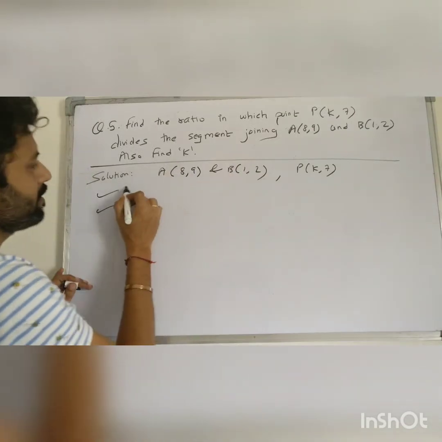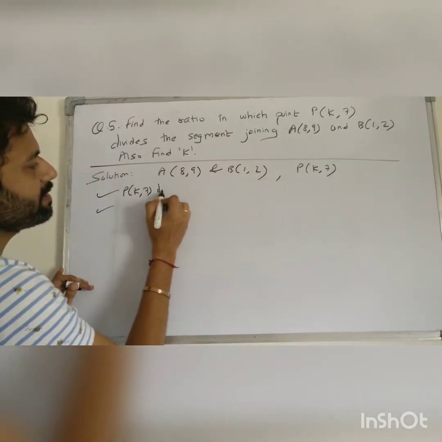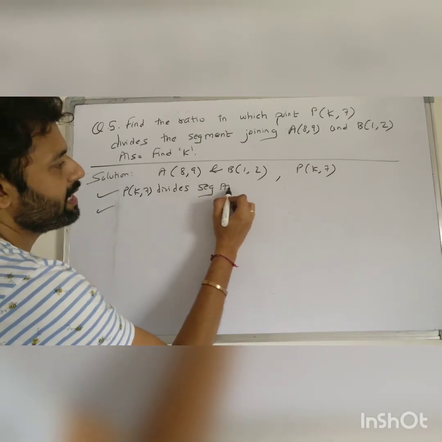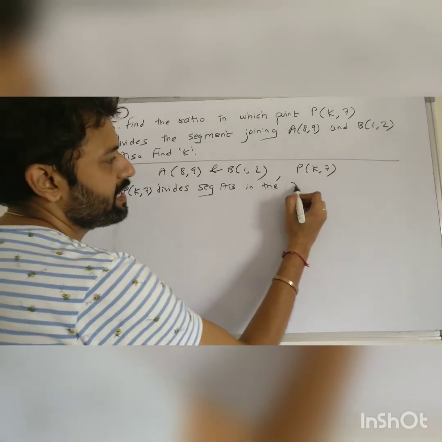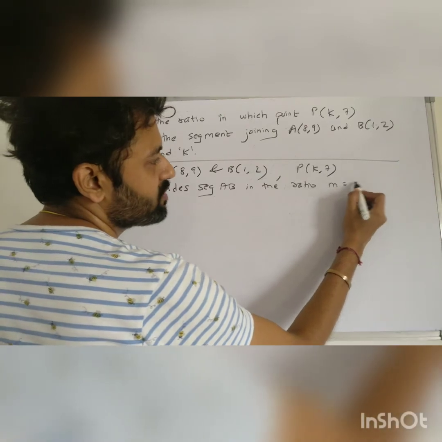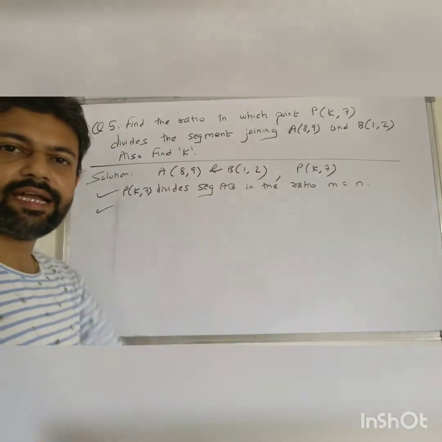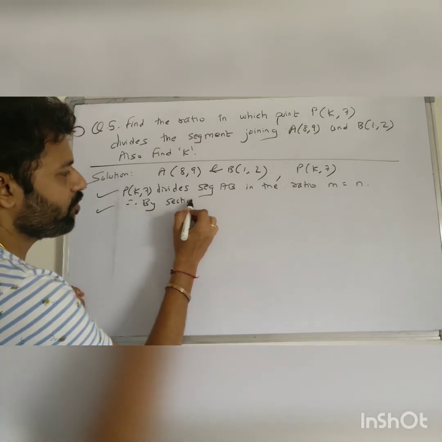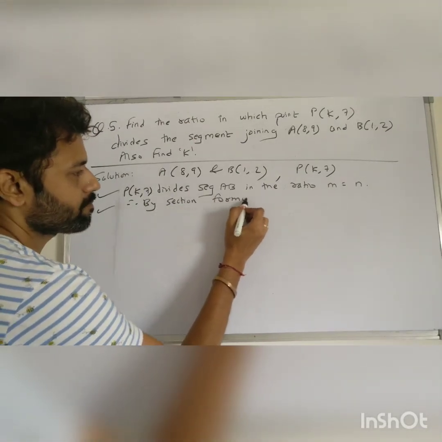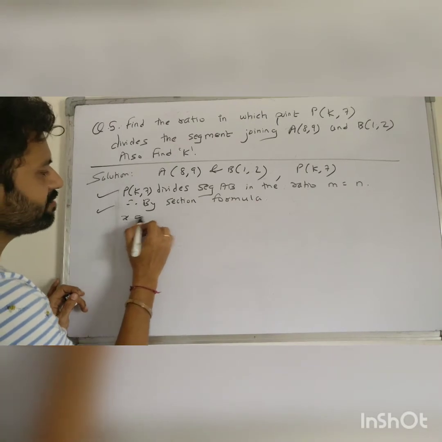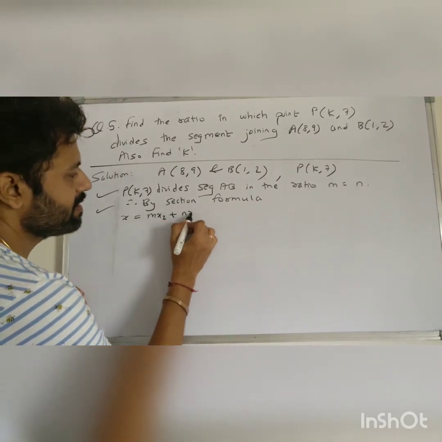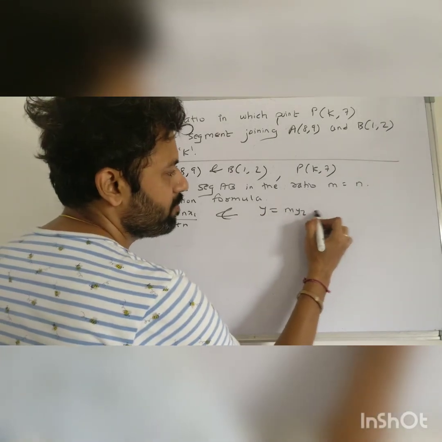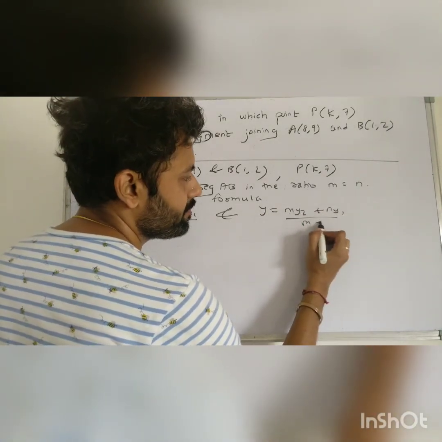P k,7 divides segment AB in the ratio m is to n. We don't know, so we will write ratio m is to n. Therefore, by section formula, we get x is equals to mx2 plus nx1 upon m plus n, and y is equals to my2 plus ny1 upon m plus n.